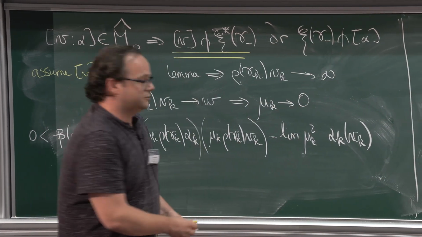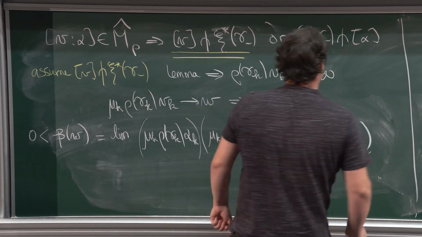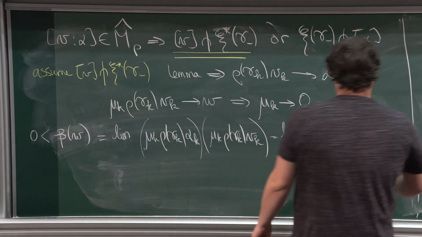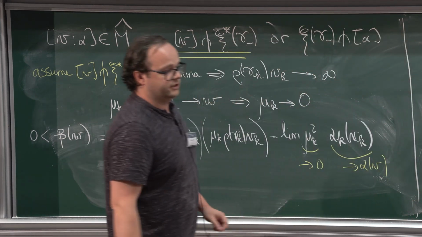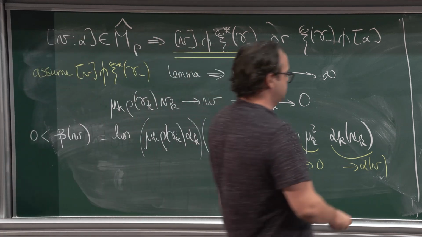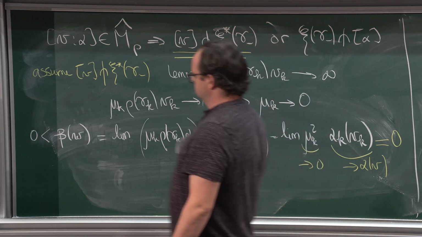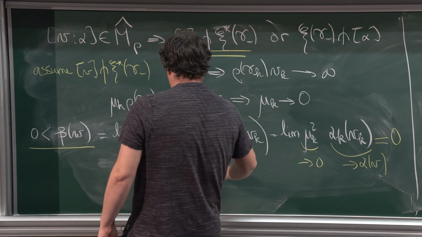And now you have one that goes to 0, these mu_k's. But these alpha_k of v_k's cannot go to infinity because they converge to alpha of v. Right? Because alpha_k goes to alpha, v_k goes to v. So now this has to go to 0. So the limit has to be equal to 0, but also be positive, so we have a contradiction.